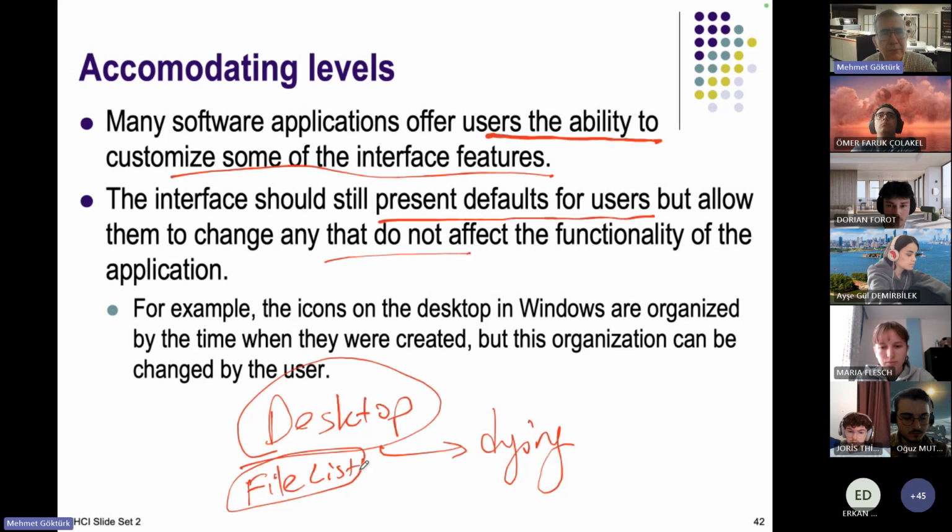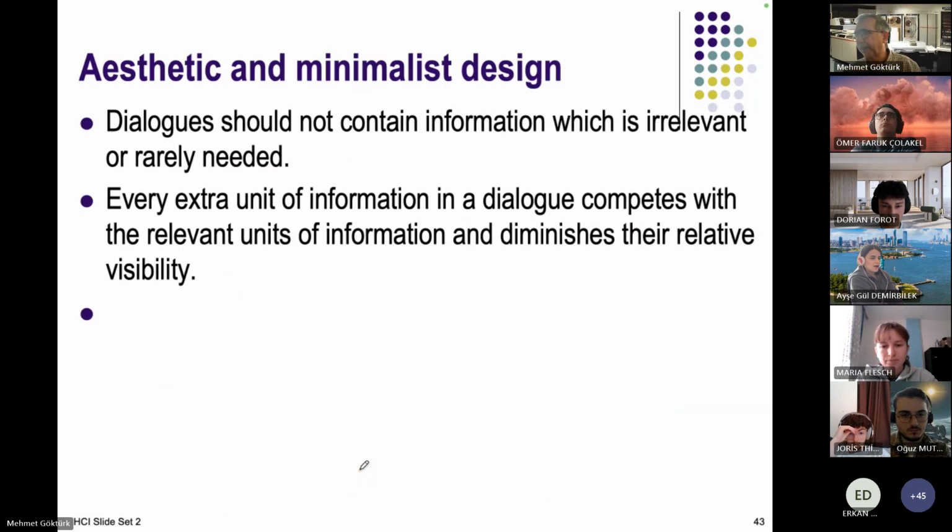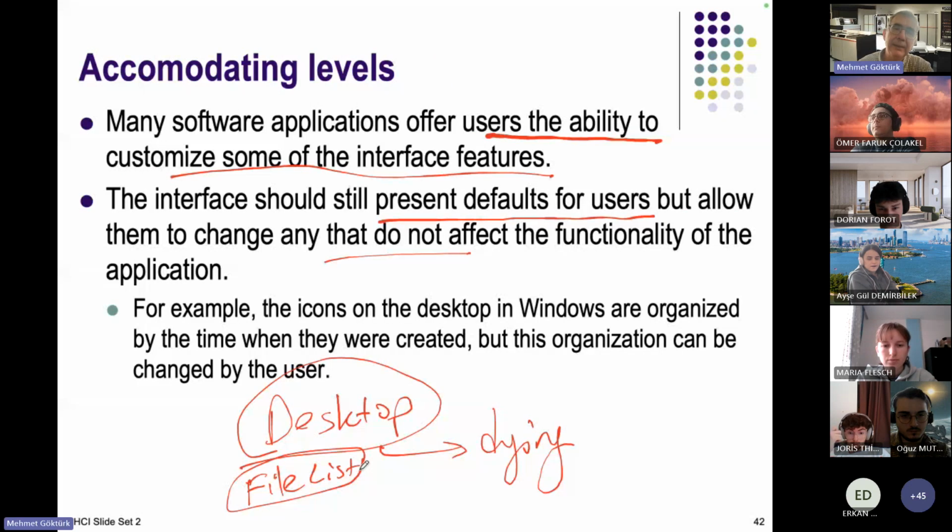A list will be sufficient to give them understanding. You don't have to pictorially represent the files as much as in the old days, because the level of the user has dramatically changed over the last 20 years.